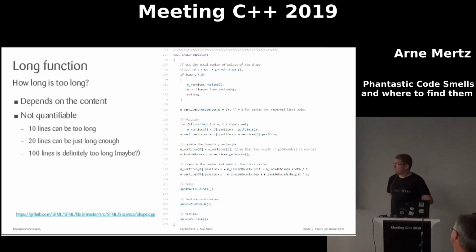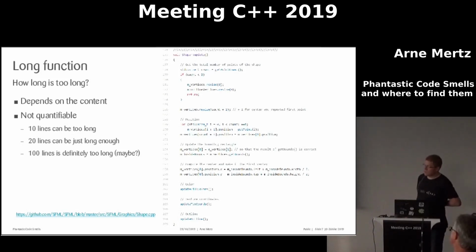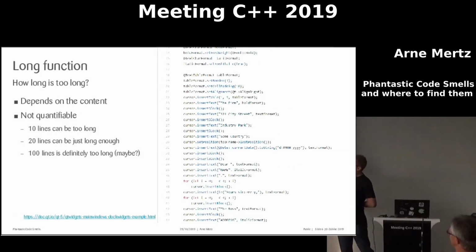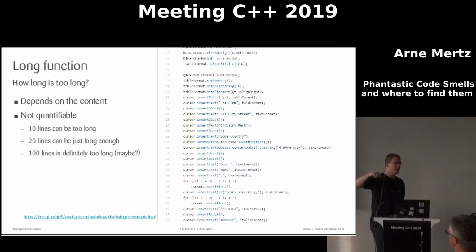For example, this one is another example from Qt, where they have some kind of window and a cursor, and they do many lines of code on basically the same level of abstraction: cursor, insert this, insert that.